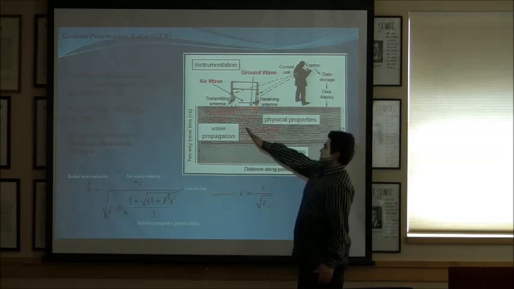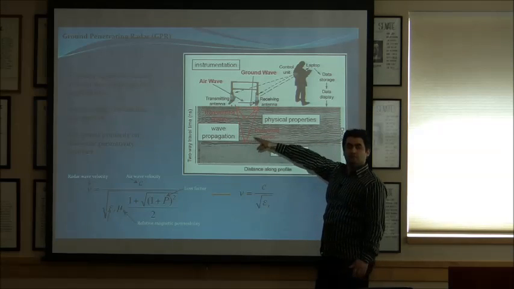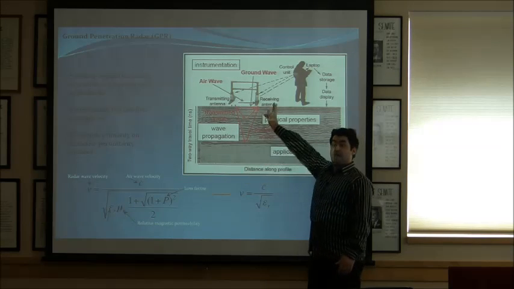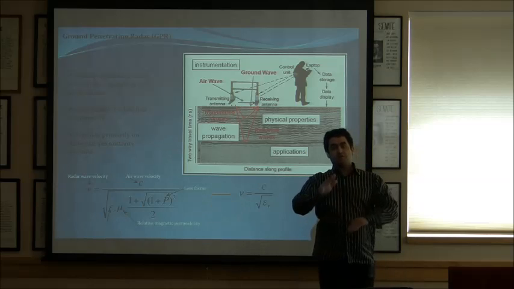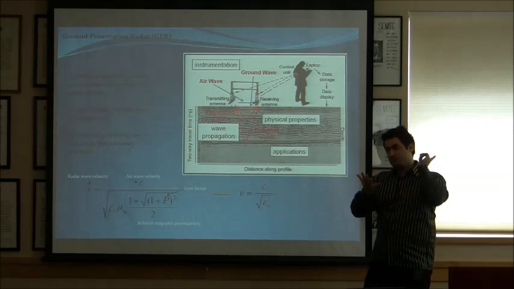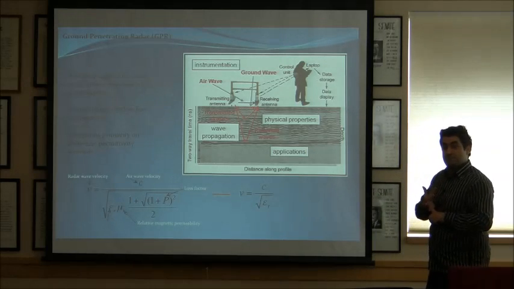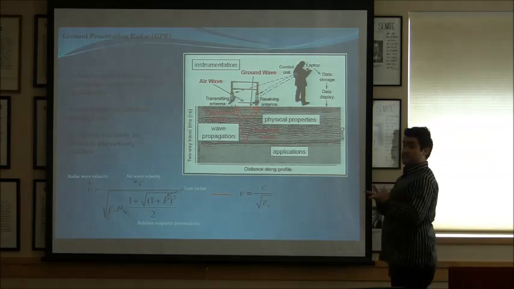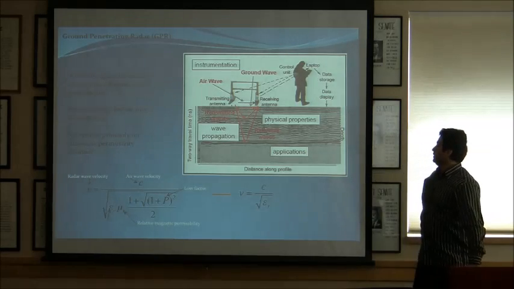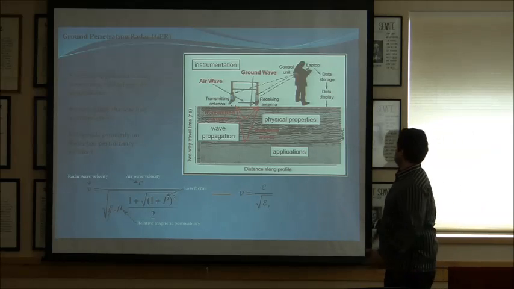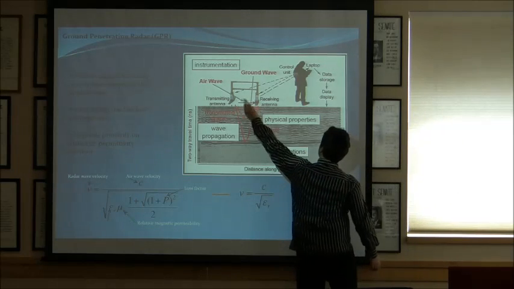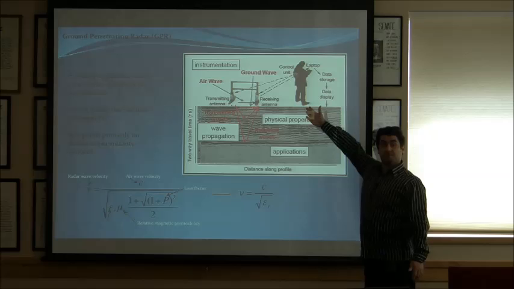The basic idea is that you send an electromagnetic wave. This wave is reflected back at any boundary where you have different materials with different electric conductivity, different dielectric permittivity, or different density, as we will see in a second. Again, there are two modes of measurement.